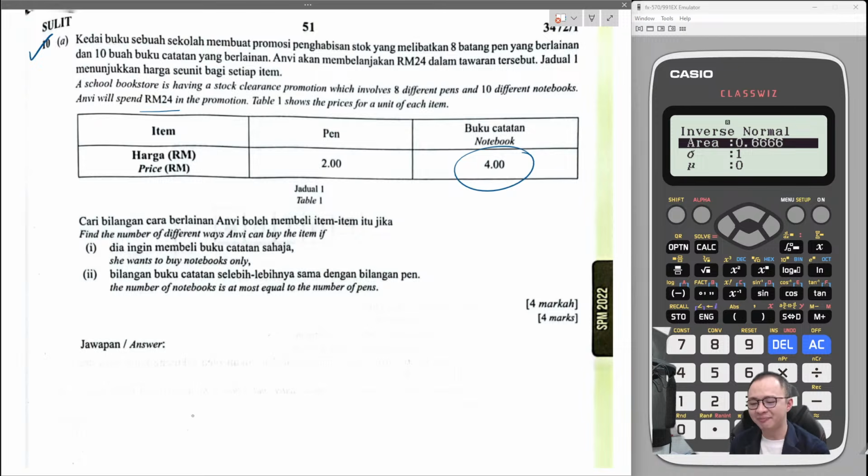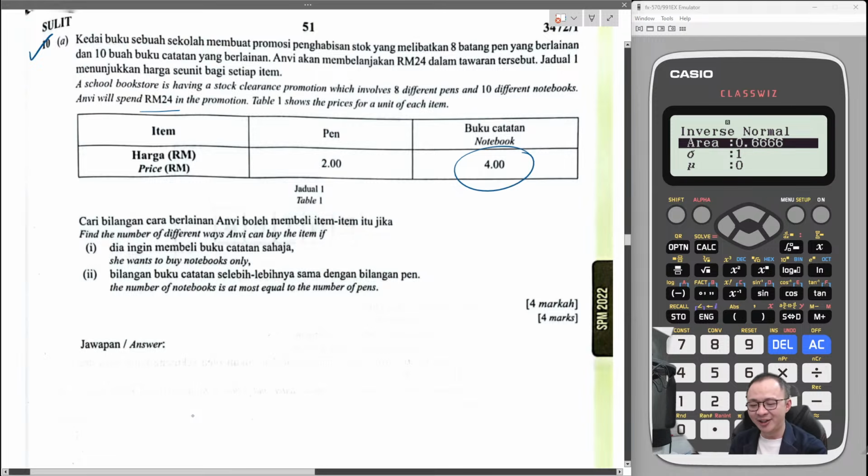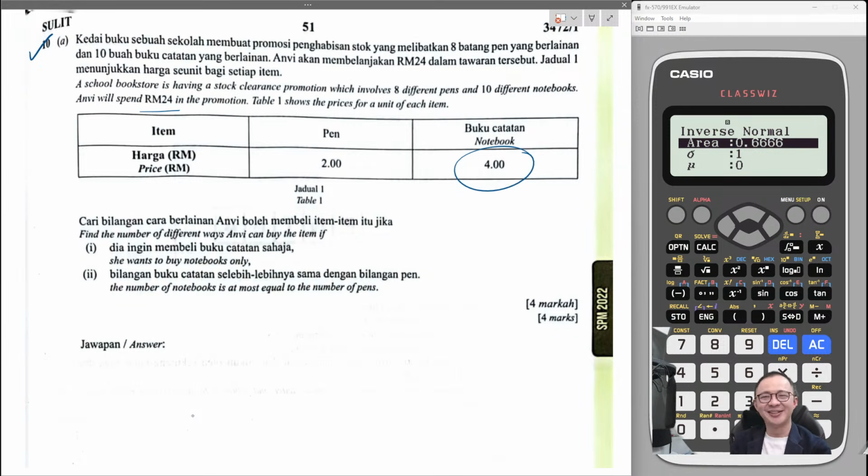Because this question, I think they're trying to make it more creative, but they don't say it carefully. But he said he will spend lah, so I assume he will spend all to buy this. Because if I have 24 ringgit, maybe I don't want to buy so many notebooks. Maybe I just spend 10 ringgit, can or not? But in this case, we assume cannot lah.